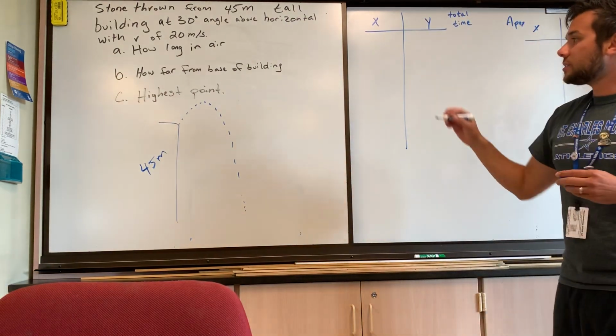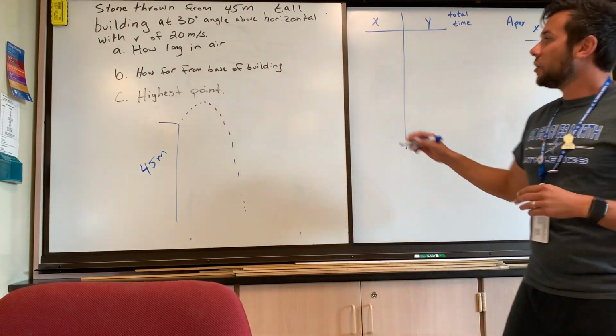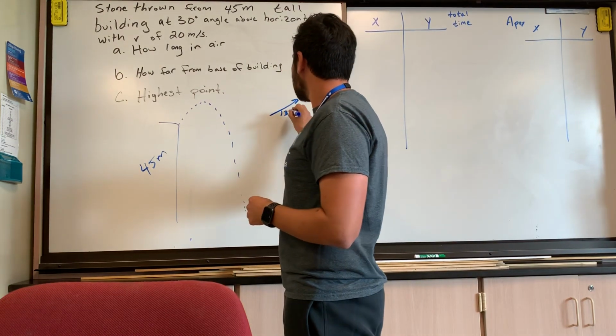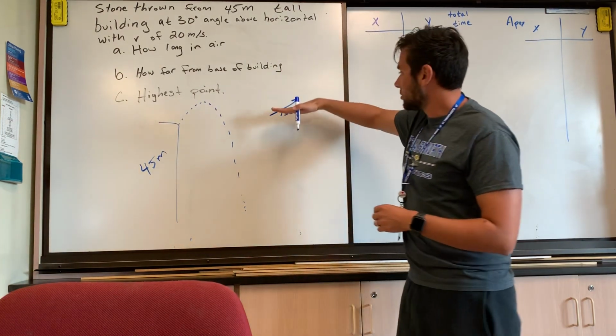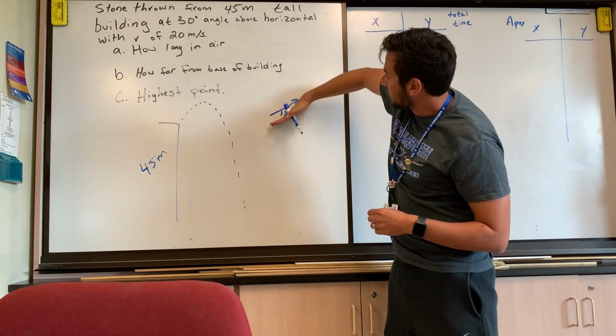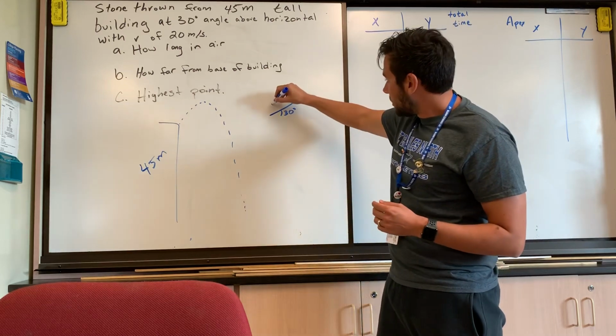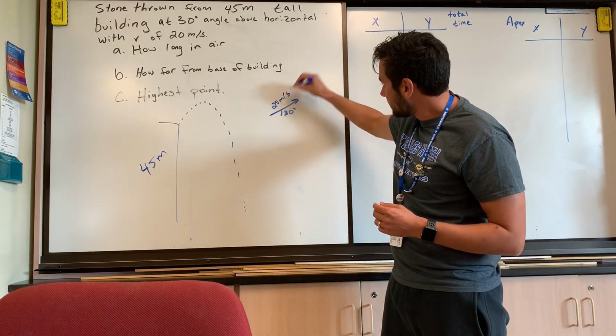So let's take a look at the first part, what we need to do. We know that it's being launched at a 30-degree angle above the horizontal. So you take your horizontal and lift it up 30 degrees above that point, and it's 20 meters per second.